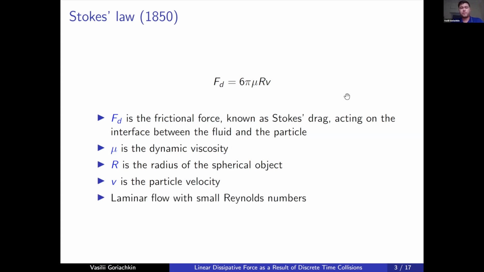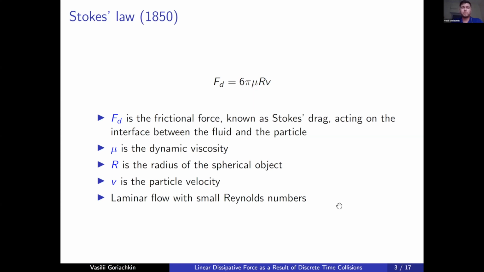This force works only when we have laminar flow with small Reynolds numbers. When it is small, we can approximate this force as linearly dependent. But if the Reynolds number becomes bigger, then this force will be different.